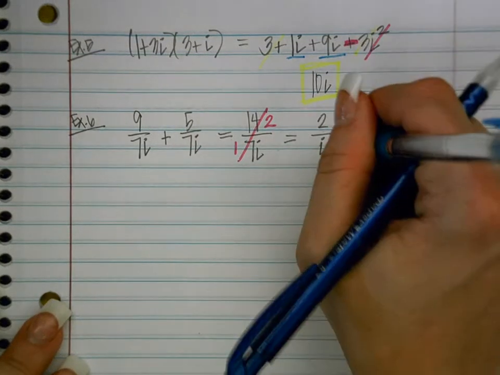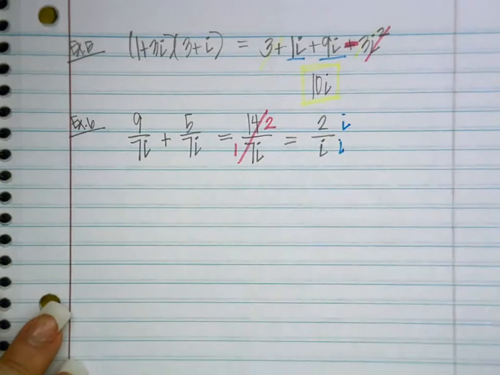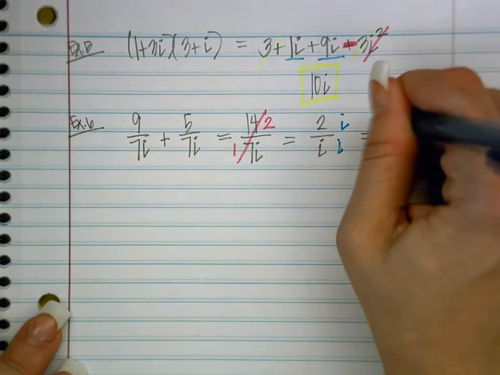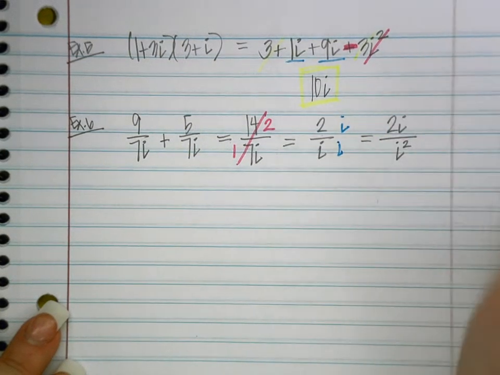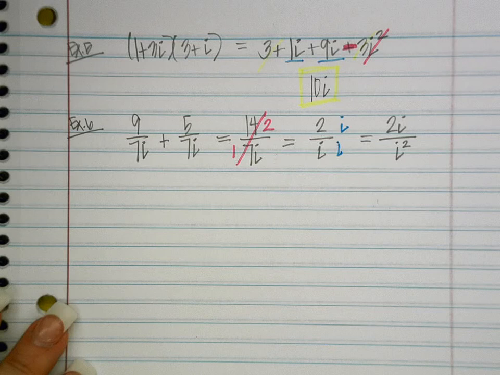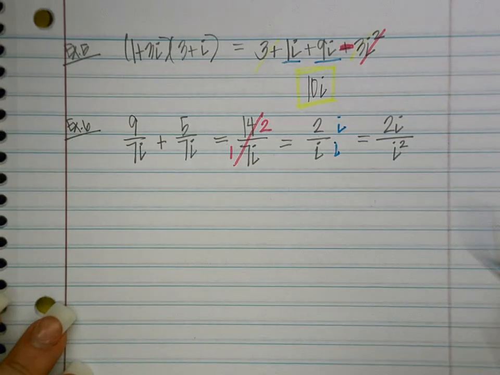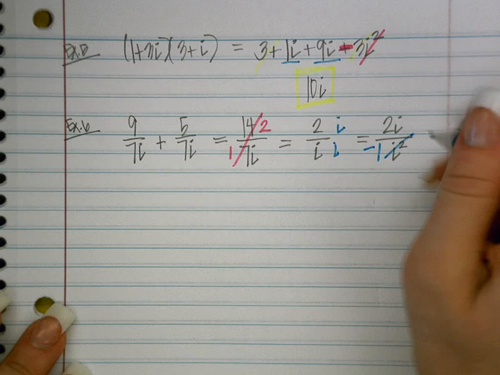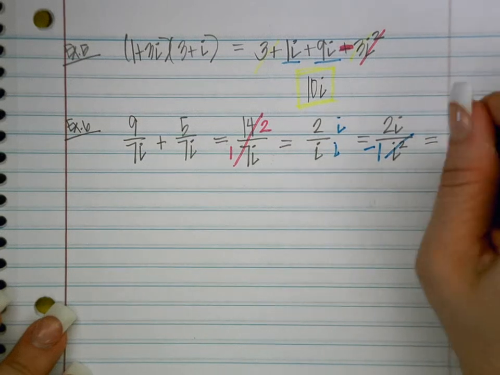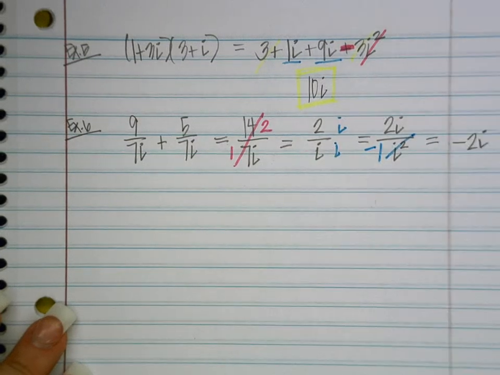Rationalize it, yeah, so multiply by i over i. If you multiply, on top we get 2i over i squared. Then simplify again. What is i squared? A negative 1. Would you write this as 2i over negative 1, or how would you write it? Just negative 2i. That's the answer I'm looking for.